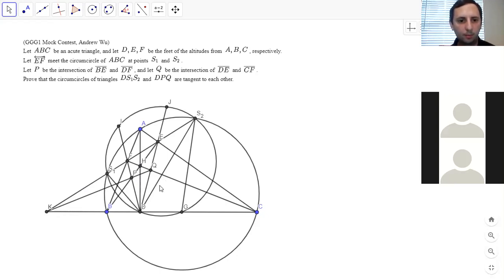That is because P and Q have the same power to the 9-point circle: PH times PC is PF times PD, and QE times QD is equal to QH times QB. So the line connecting A to the 9-point center is perpendicular to PQ.